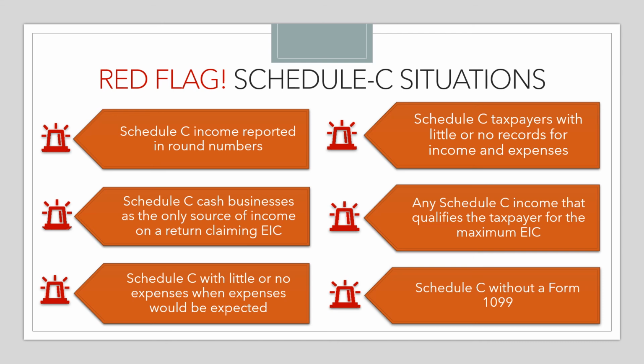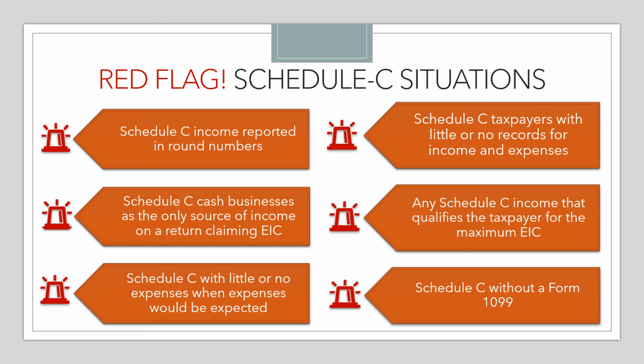Here again, this might be a situation where somebody was trying to hit a certain mark for earned income, where there's that kind of sweet spot between enough earned income but not too much earned income. So if they're manipulating their expenses and their income to try to get that maximum number, that can be a problem.